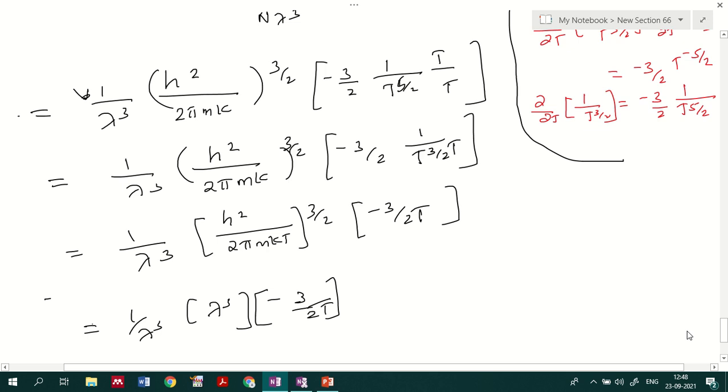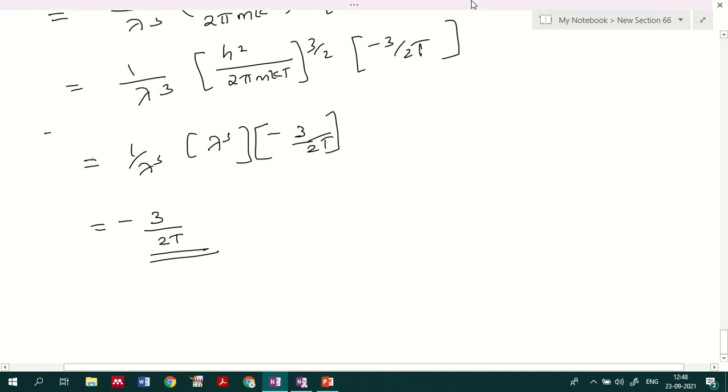So that was a correction I have made, so you just note down that. So what we will be getting is that the corresponding solution will be equal to minus 3 by 2 divided by t.